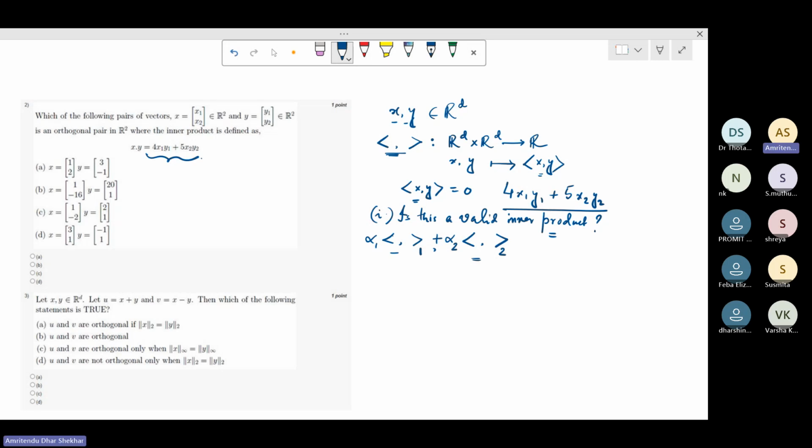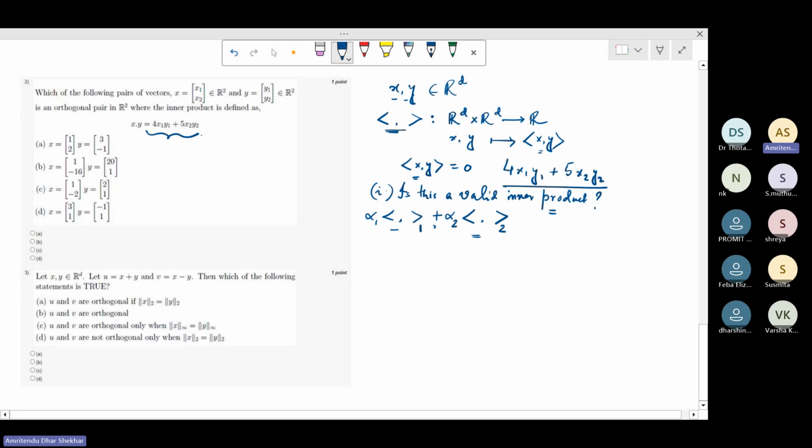But there's another requirement for an inner product, which is on the diagonal.